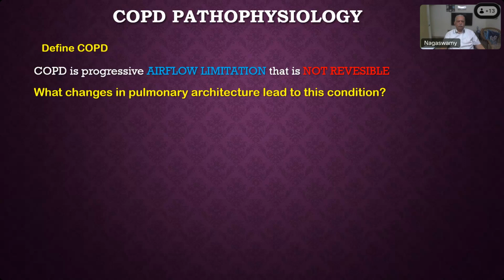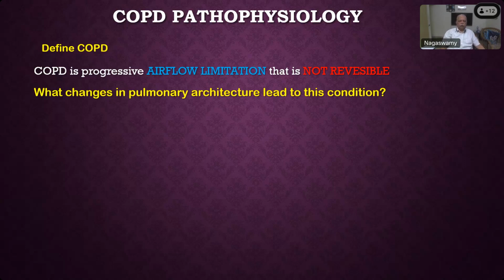What changes in the pulmonary architecture lead to this condition? What are the changes that take place in the pulmonary system? All of you know that the pulmonary system consists of the tracheobronchial tree going up to the alveoli, isn't it? Yes, sir.